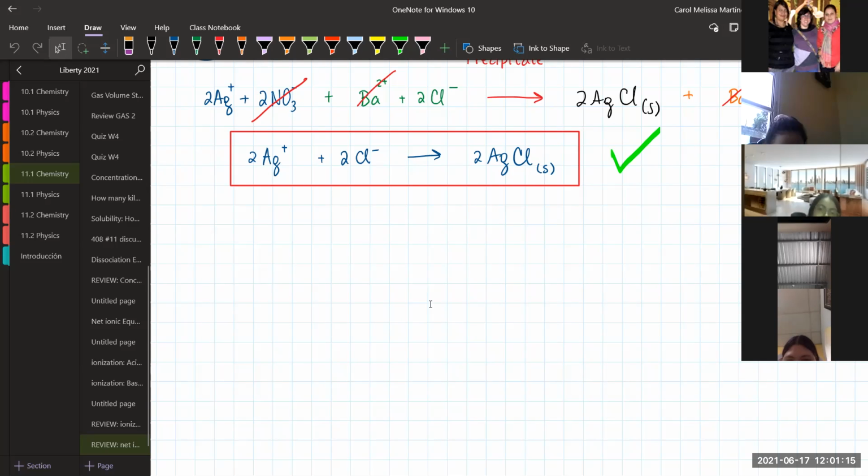Knowing this, I'm going to write one equation as an example, okay? Three substances, and you're going to indicate the oxidation state.